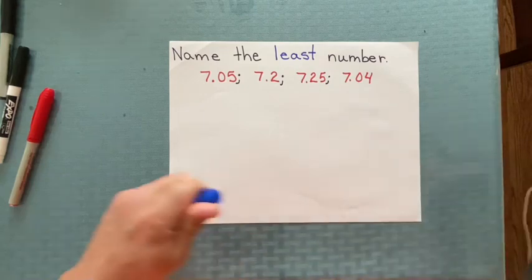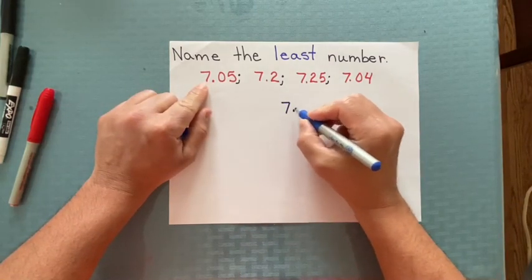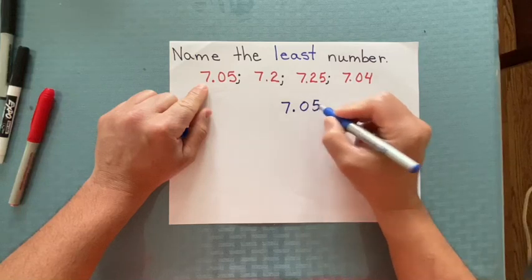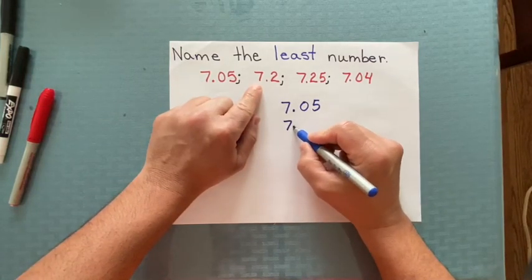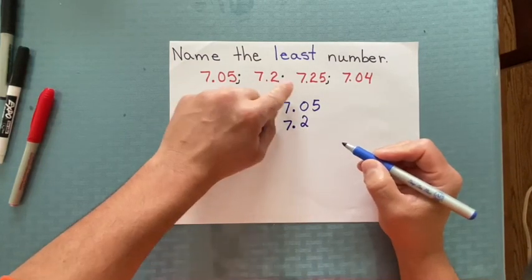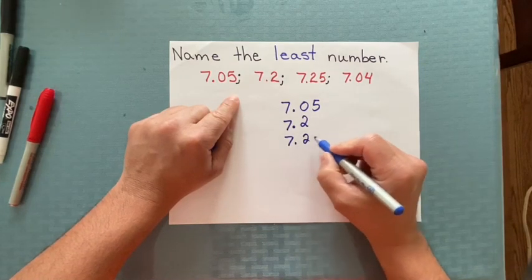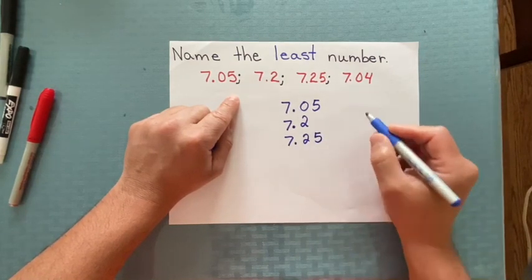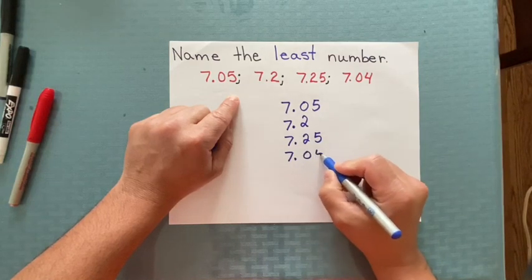So I'm first going to put 7 and 5 hundredths. Then I'm going to put 7 and 2 tenths. Notice my decimals are lined up, and I have a 2 in the tenths spot. Then I'm going to move on to 7 and 25 hundredths. And finally, 7 and 4 hundredths.